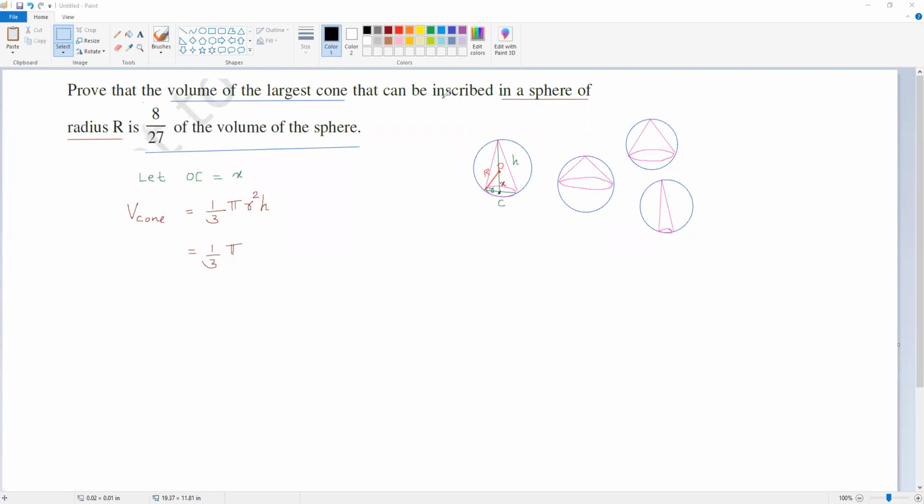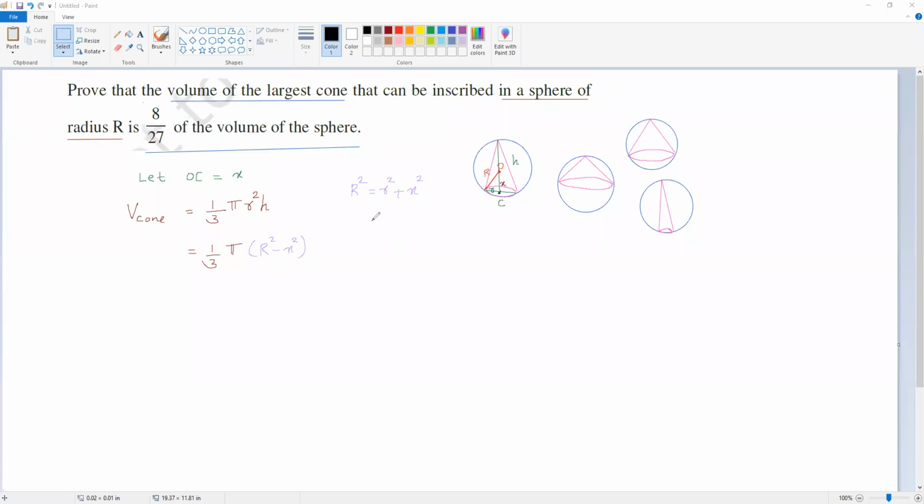We know that there is a right triangle there. So r square is equal to small r square plus x square. So from that you will get small r square equal to capital R square minus x square.